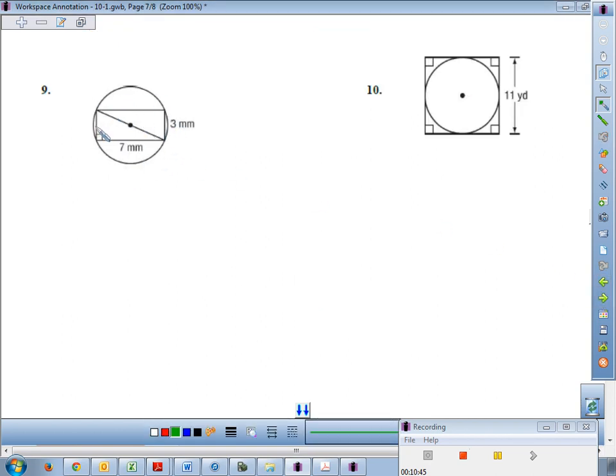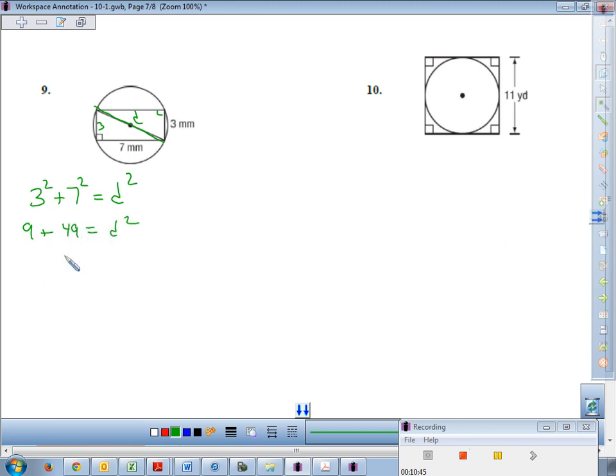Here, this is a rectangle. I can't really prove that to you until you learn more about circles. Our book went out of order here, but this is also going to be 90 degrees. So this is not one of those special right triangles, so let's call the hypotenuse of this d, since it really is the diameter of the circle also. Let's do 3 squared plus 7 squared equals d squared. 3 squared is 9. 7 squared is 49.